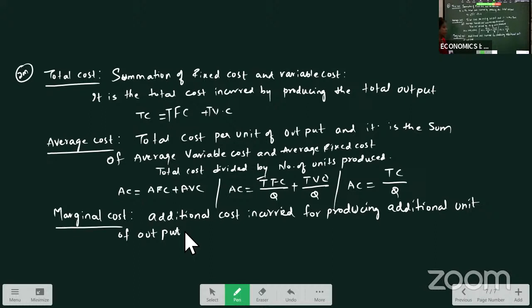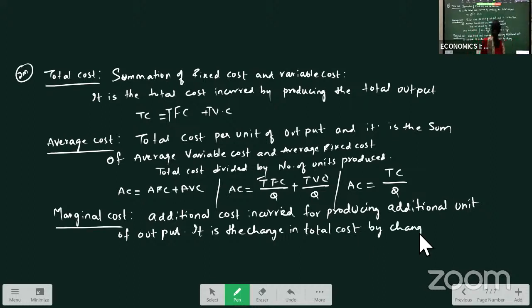It is the change in total cost with a change in output. Okay. So marginal cost means what? Additional cost which is incurred for producing additional unit of output. It is a change in total cost with a change in output.